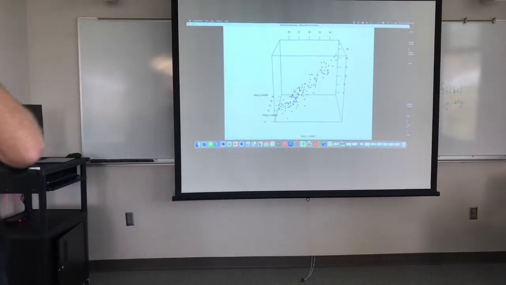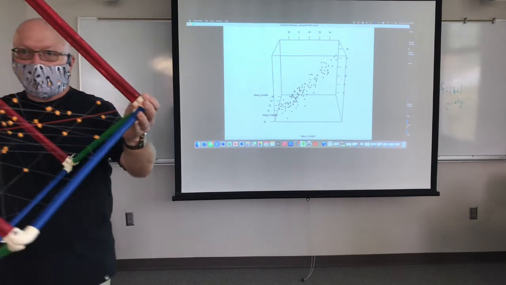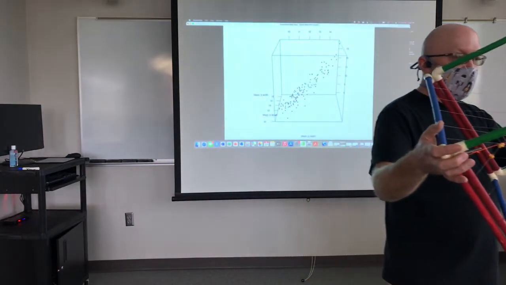Once it's taken this, it said, where's the most variation? The most variation is here. Make that the x-axis, then it spins the data set on that x-axis until it has it arranged such that there is a second axis of variation that represents the most remaining variation that is left over. That then becomes a y-axis, and you can see that there's another little orange thread going through the data set.